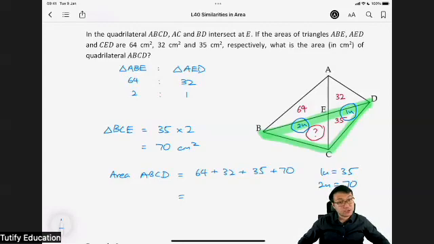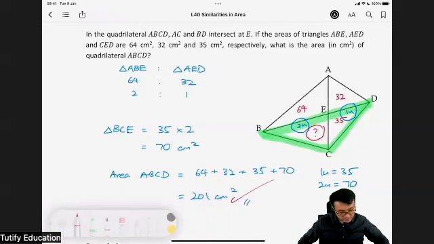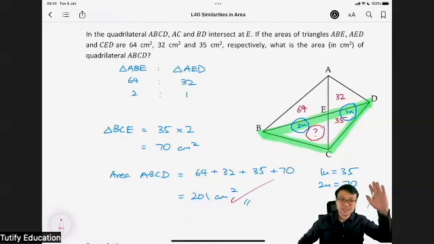And I'm looking at the green triangle now, not the other one, the green one. So when you add everything together, you will get the area of ABCD. All right. Any questions, students? Raise your hand.